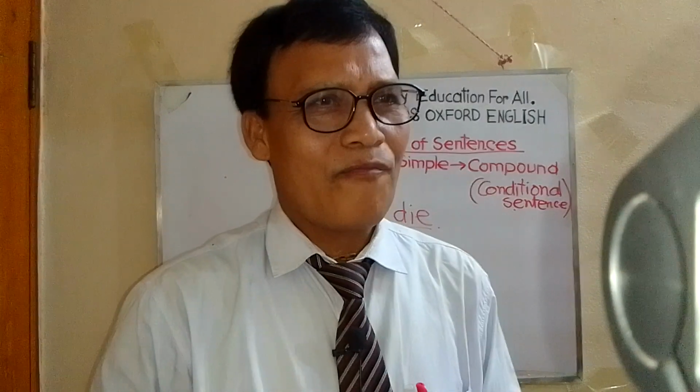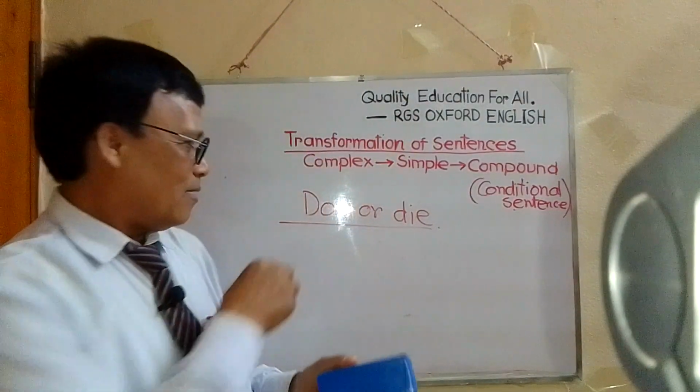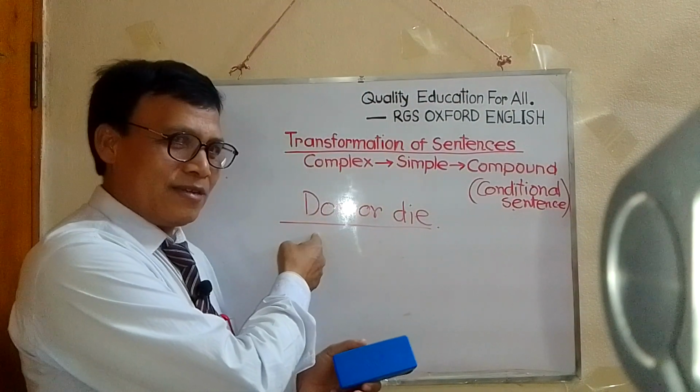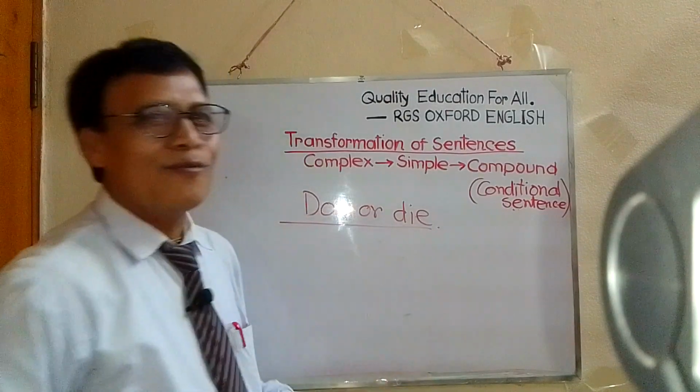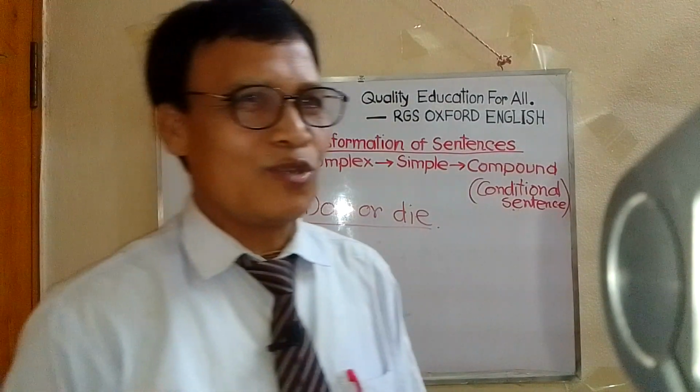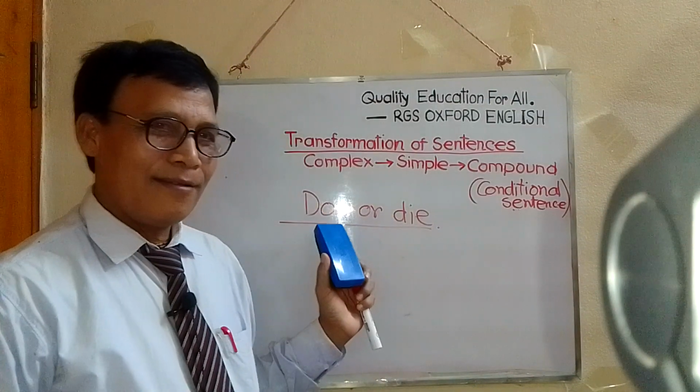You know well that one clause must have a subject and a verb. But here there is no subject, only a verb. So how is it possible for us to say that there are two clauses here?